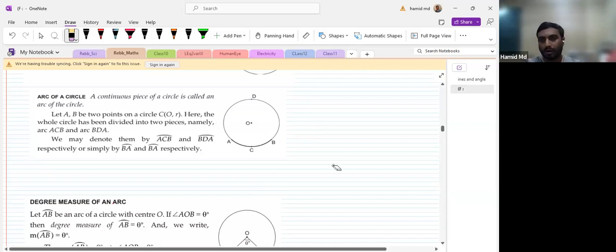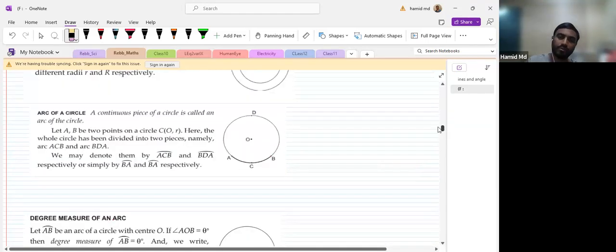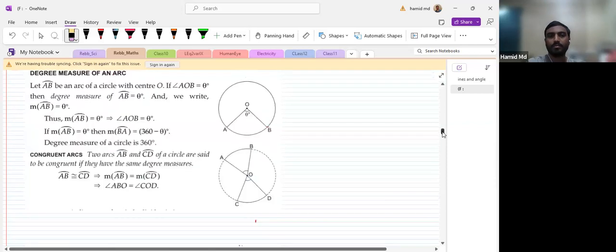Yeah. Then the arc subtends an angle at the center, right? If we join A to O and B to O, then it will subtend an angle, right? Yeah. So this is the measure of the arc.